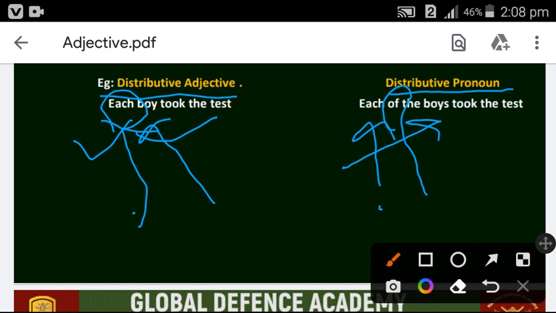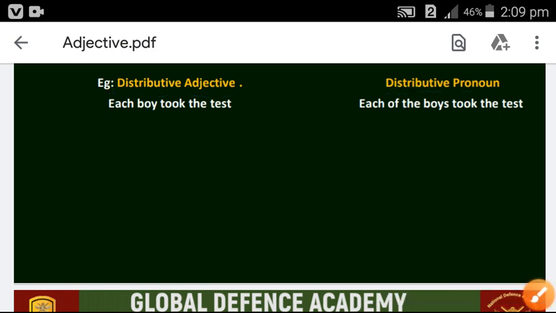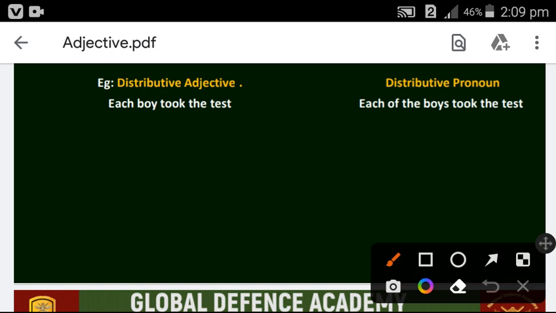And when this word is followed by any other word, that is a preposition, then it can be a plural noun, as in your example, each of the boys is plural, but here boy is singular, right? I hope this is clear to all.